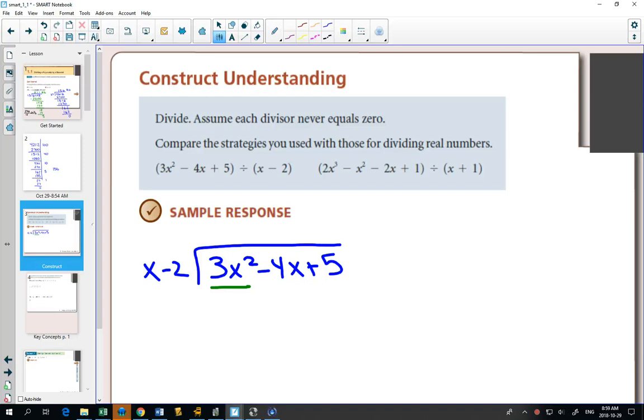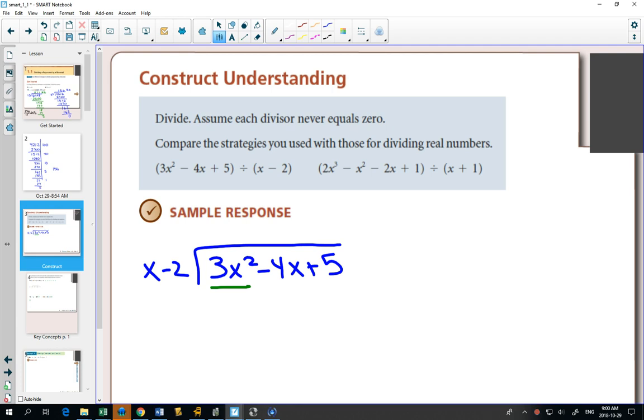So we have 3x squared. Is there something you could multiply x minus 2 by to get a 3x squared? What would I multiply x minus 2 by so that my answer has a 3x squared in it? 3x. Okay?